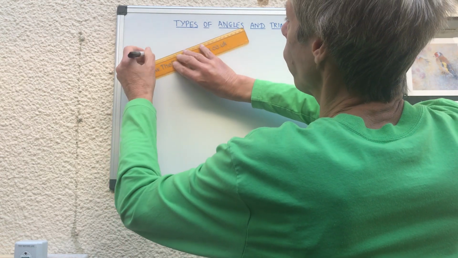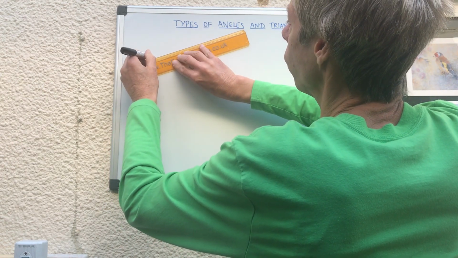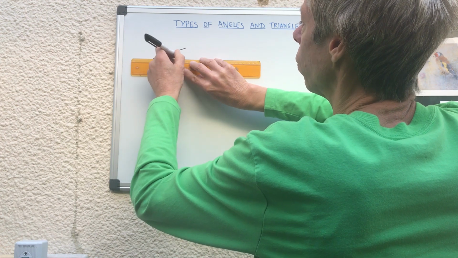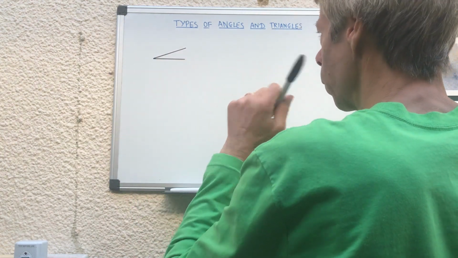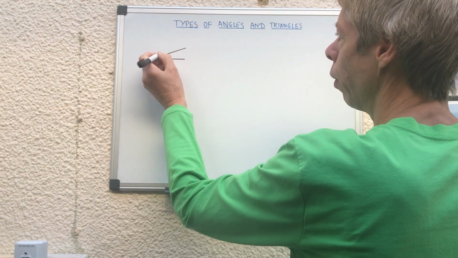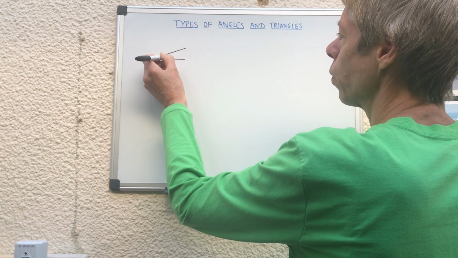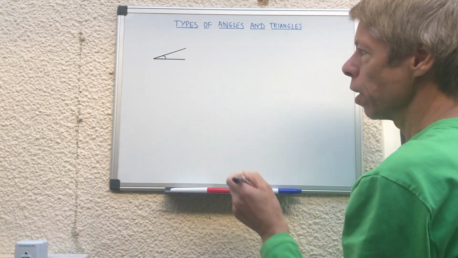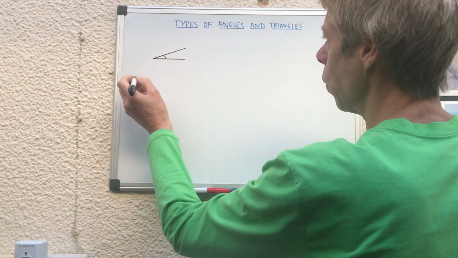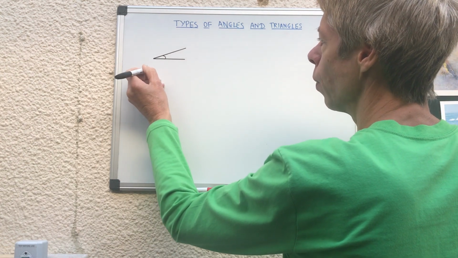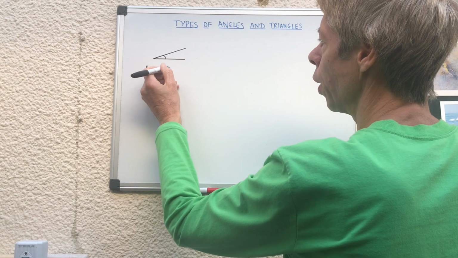So, an angle, you have the vertex and you have what these are called, the two rays. And that's what we normally do for the angle, that little curve there. So this angle is quite small, it's also quite sharp, which is where the name acute comes from.